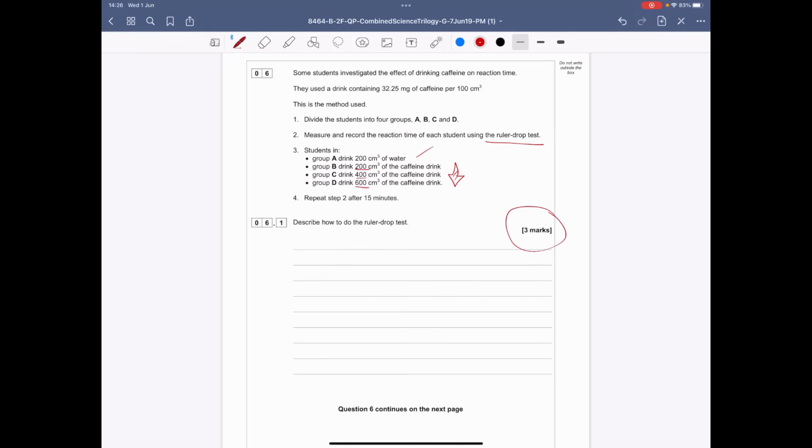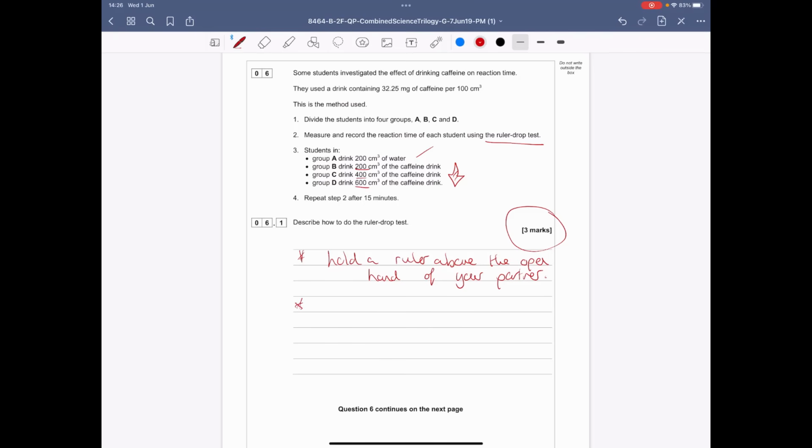So normally, hopefully this is a practical that you would have done in your class, but what you do is, point number 1, you work in pairs and you hold a ruler above the open hand of your partner. So one person has got their arm over the desk with their hand open, the other person holds the ruler above it.